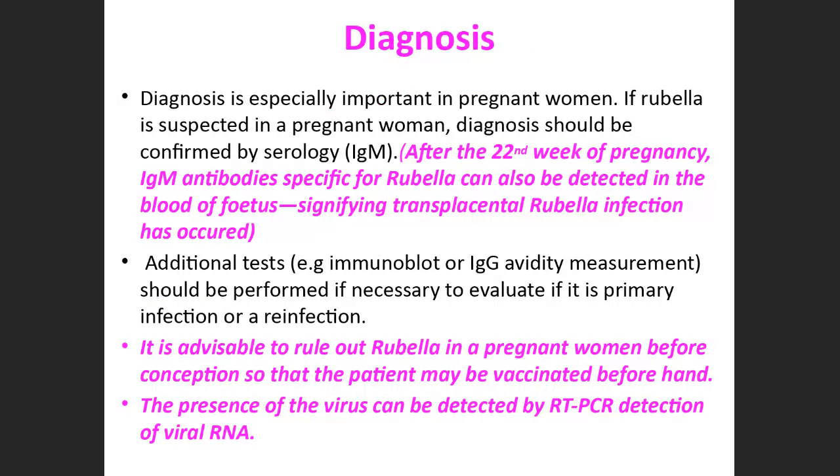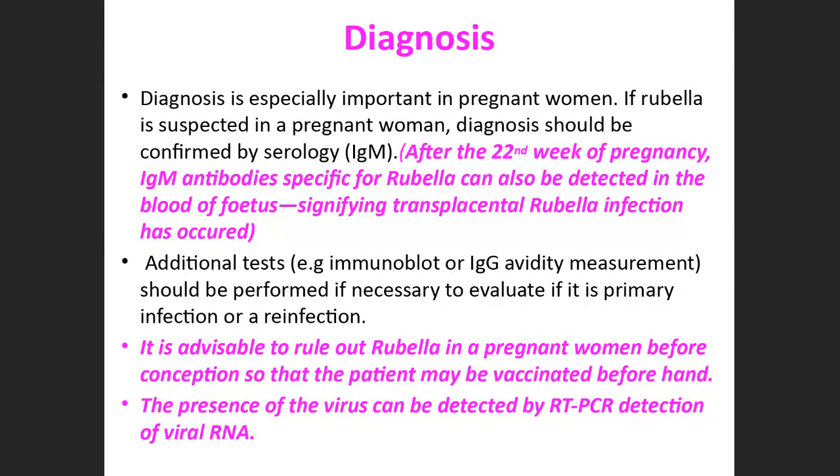Diagnosis is important in pregnant women, so that we can protect the fetus, and the baby can be protected from this infection. If it is suspected, then in pregnant women, diagnosis should be confirmed by detection of immunoglobulins, that is IgM.